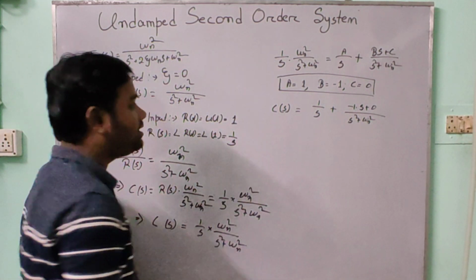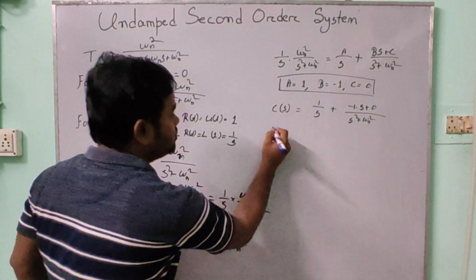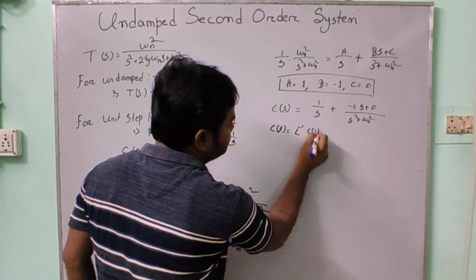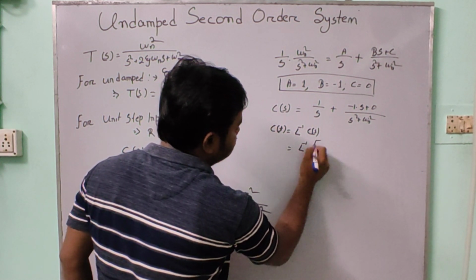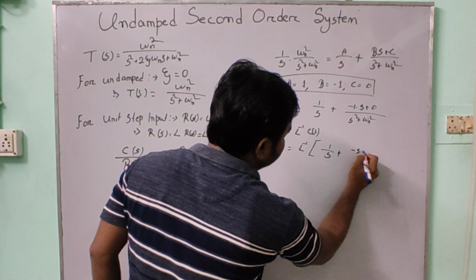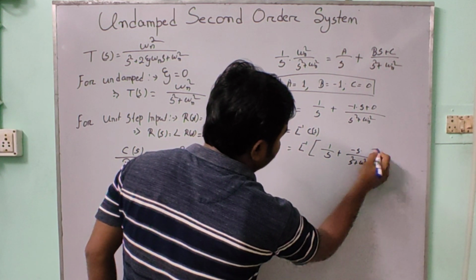So we have to find C(t), that is the inverse Laplace transform of C(s). C(t) is equal to Laplace inverse of 1 by s minus s divided by s square plus omega n square.